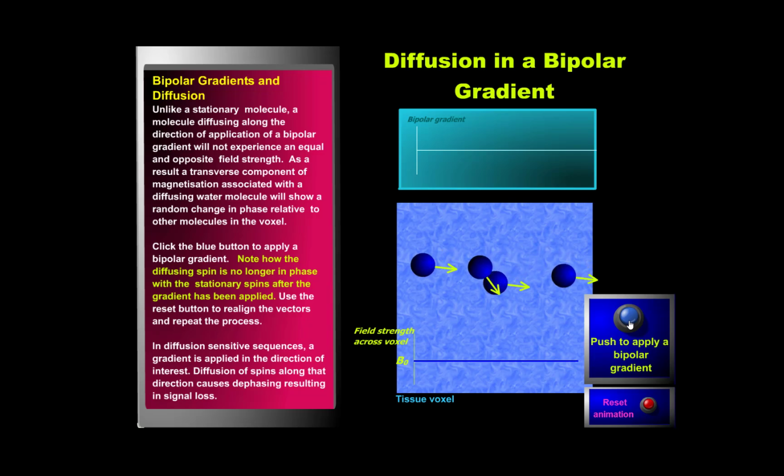So what we've done, by introducing a bipolar gradient, is made the sequence sensitive to diffusion in such a way that the more diffusion we have in tissue, the less signal we're going to get. So in regions that have a lot of diffusion happening, we're going to get a reduced signal. We're going to get a hypointense signal because of this diffusion-sensitizing bipolar gradient that we're using.